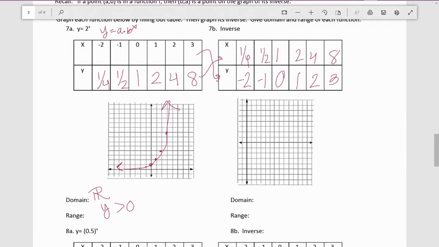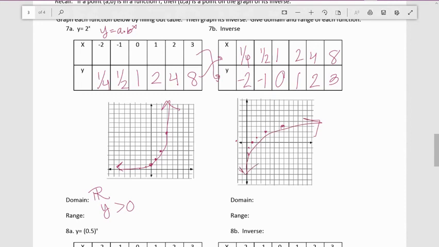And so 1/4, -2, oh, I'm sorry, 1/4 and then -2. So let's see if I can make this work. 1/2, -1, 1, 0, 2, 1, 4, 2, like that. So this one goes like this.